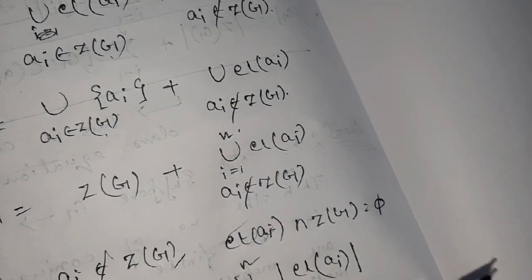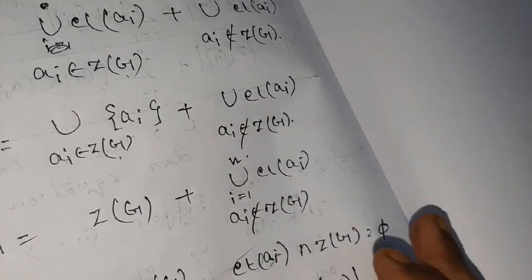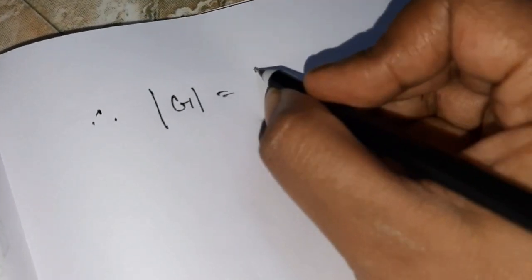Okay, now just replace this one by the index notation. So therefore cardinality of G equals cardinality of ZG plus summation i equal to 1 to n, index G: C of Ai.